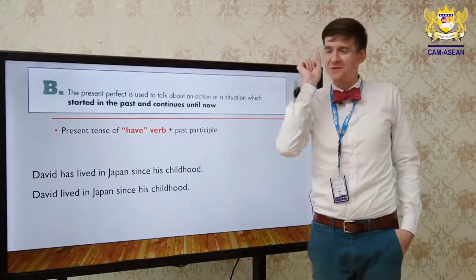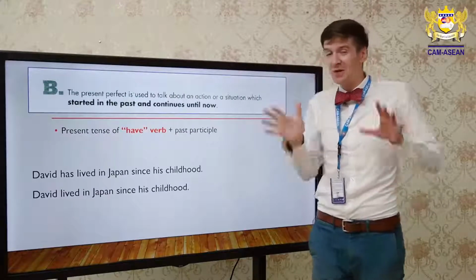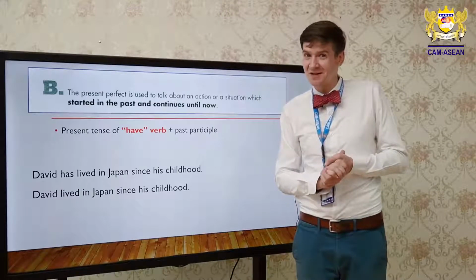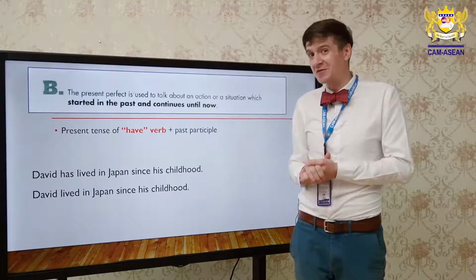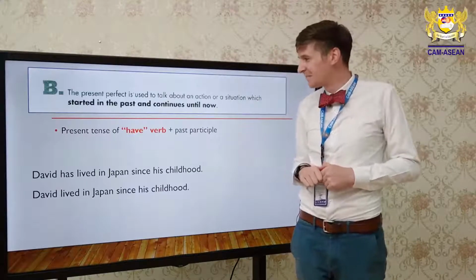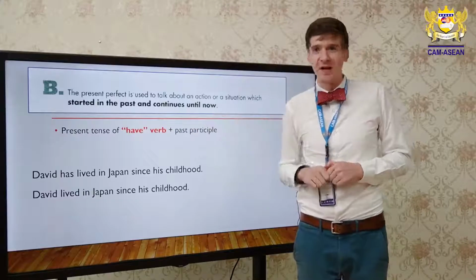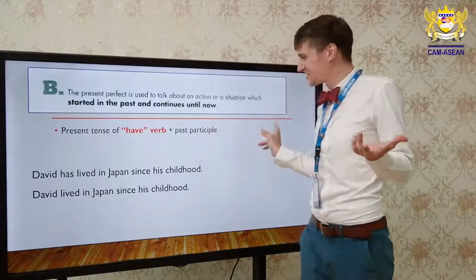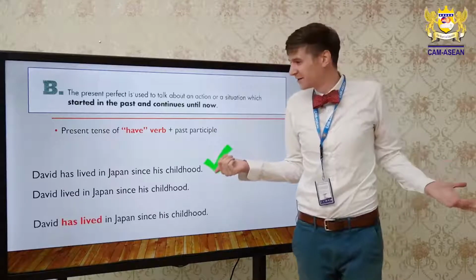Some examples. We know what present perfect tense looks like, right? So this one should be easy. We should be able to spend like 1 second and tell me the answer. We need a have verb in there. Which one has the have verb? Okay, tricky question. It's the top one.